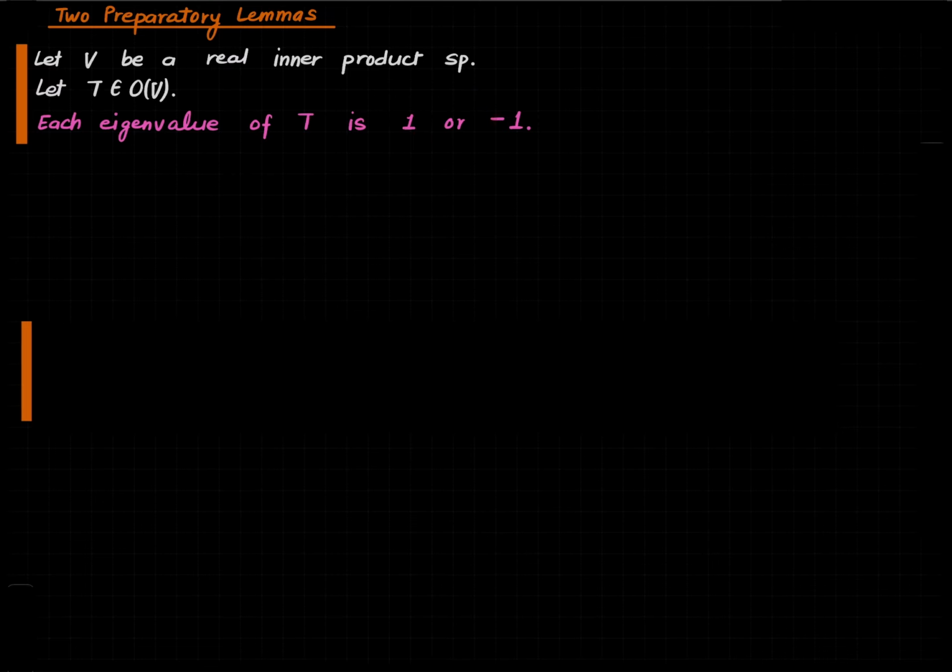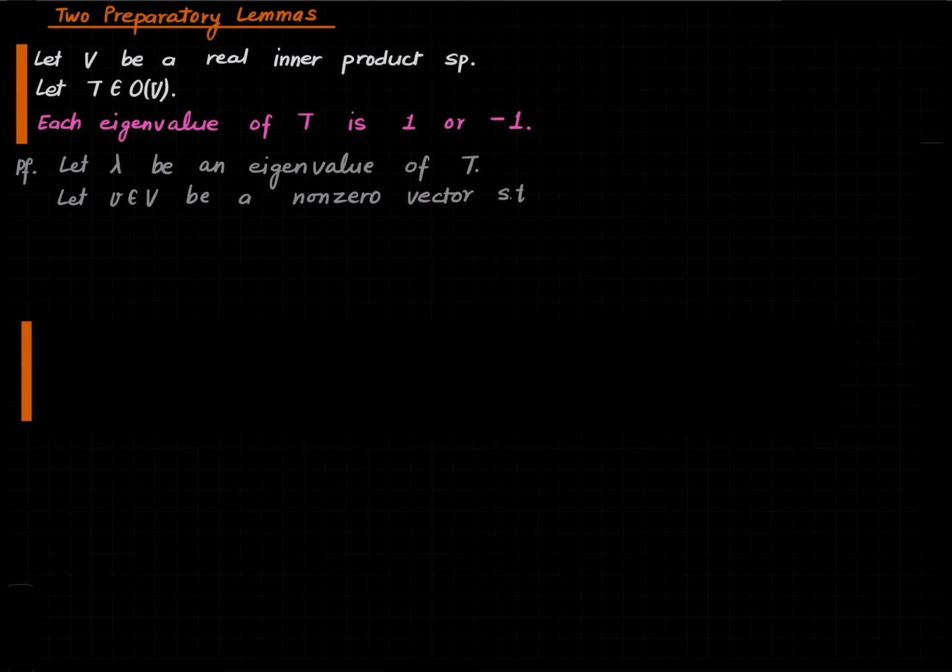So the reason is very simple. Suppose lambda is an eigenvalue, and suppose we have a non-zero vector v such that T of v is lambda v. Now, by virtue of the fact that T is an orthogonal transformation, we get that Tv dot Tv is equal to v dot v.